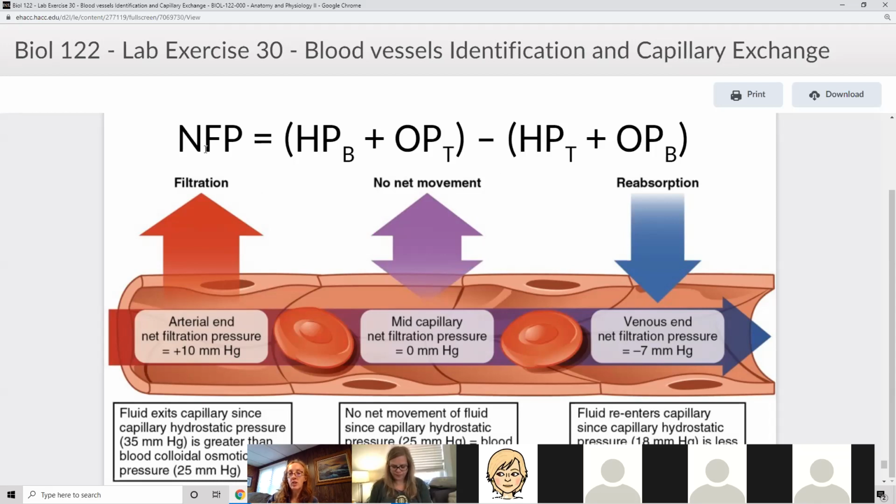So when the net filtration pressure is positive, fluid is going to move out of the capillaries. When it's negative, fluid is going to get reabsorbed. This is the hydrostatic pressure of the blood. This is the oncotic or osmotic pressure of the tissues. This is the hydrostatic pressure of the tissues. This is the osmotic pressure of the blood.